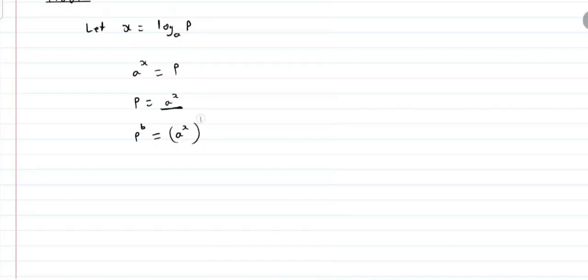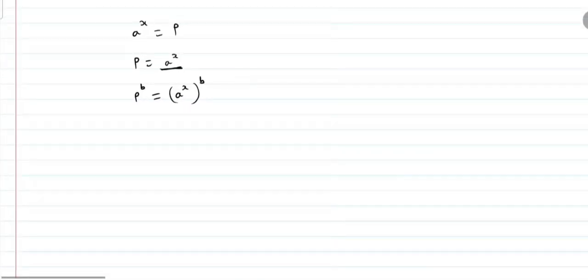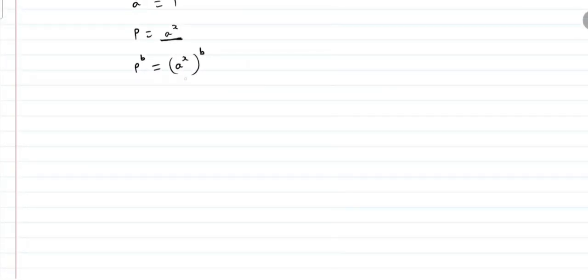Right? So I'm going to raise a to the x to a power b. Now remember, when I have an exponential expression being raised to another power, what do we do with the powers? We multiply them. So p raised to the power of b is equal to a raised to the power of x times b. And now to make my final result more simple, I'm just going to switch the x and the b. So that's going to be a raised to the power of b times x.